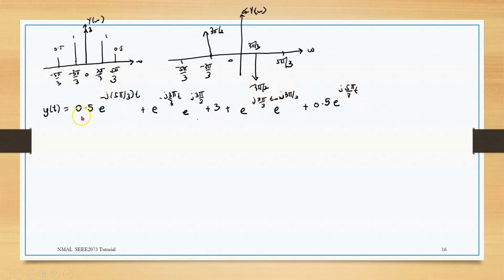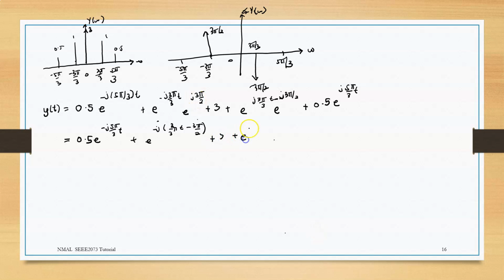Right, so when you got this, you rearrange back or solve for the equation, it will become 0.5 exponent negative j5 pi over 3t plus exponent negative j, take out the negative j, it will become 3 pi t minus 3 pi over 2. When you multiply back, negative multiplied by negative becomes positive back.